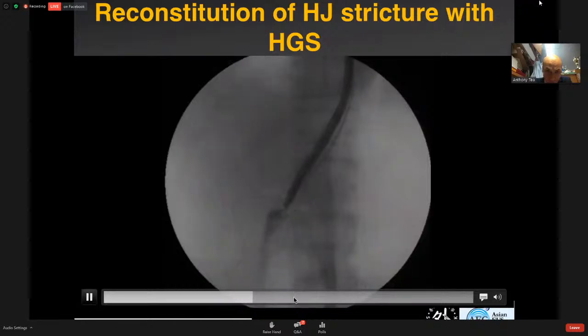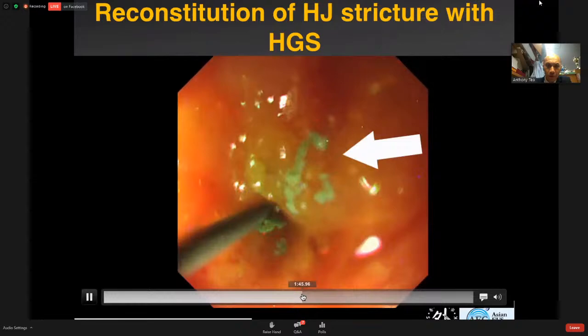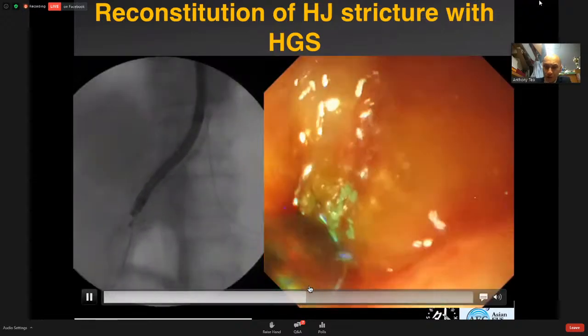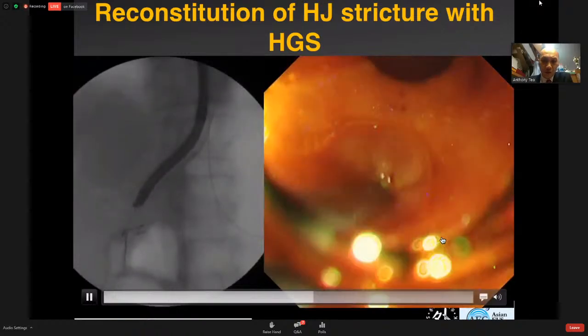So afterwards I was happy. Then I inserted a 0.018 guide wire inside the jejunum, followed by dilation of the tract with the cystotome. You can see some sutures from the previous hepatojejunostomy.